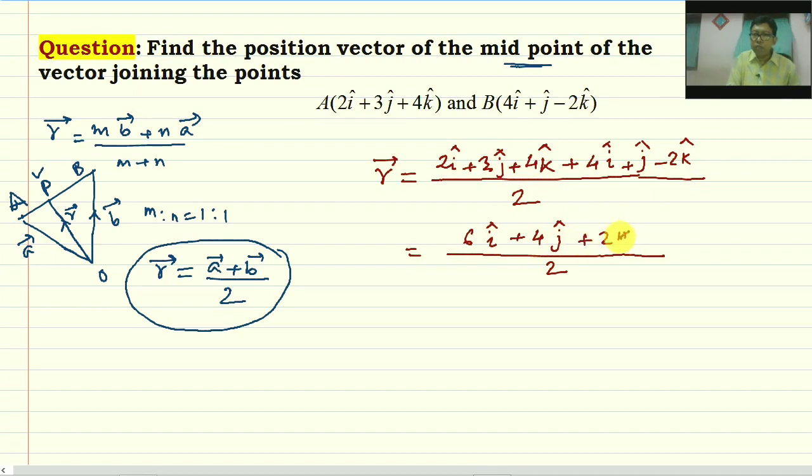You may take 2 common from the numerator and cancel: 3î + 2ĵ + k̂. So this is the midpoint of the given position vectors 2î + 3ĵ + 4k̂ and 4î + ĵ − 2k̂, and hence the midpoint is 3î + 2ĵ + k̂.